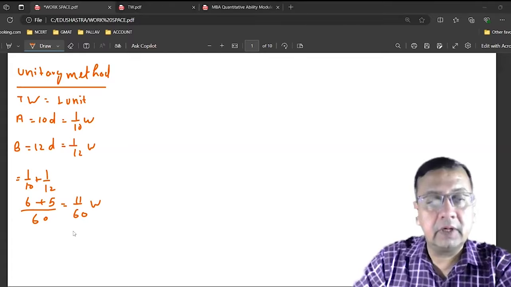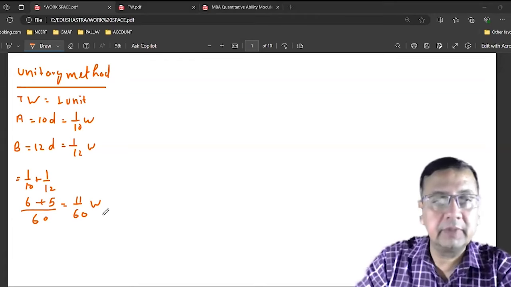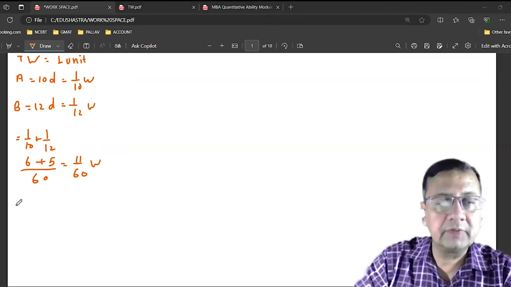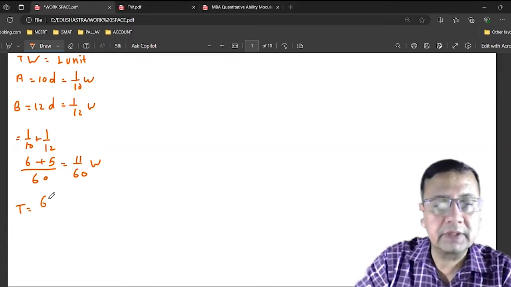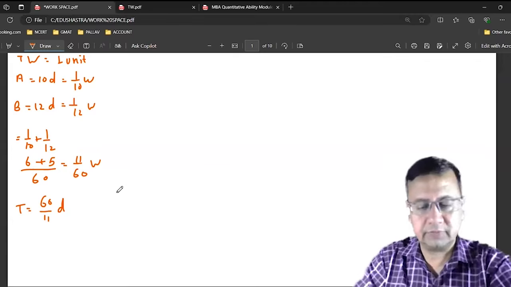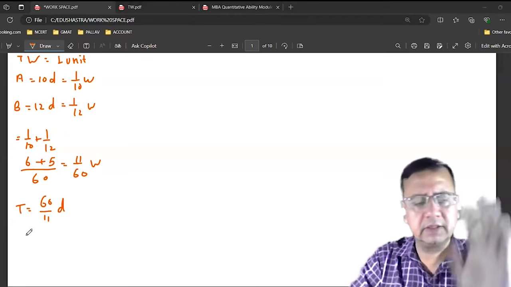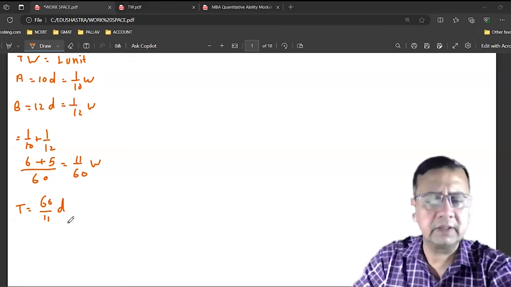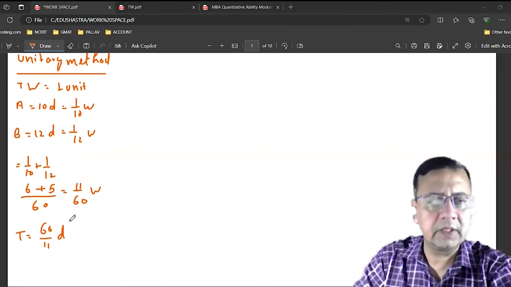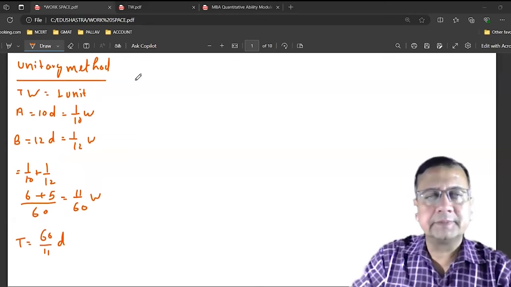Right? Now, I need to calculate the time. So what to do? Time is the reciprocal, which is 60 by 11 days. Right? This way. This is easy, which we have done way back in school in 7th, 8th, 9th, etc. Okay, done.